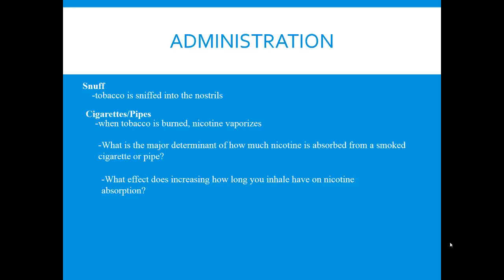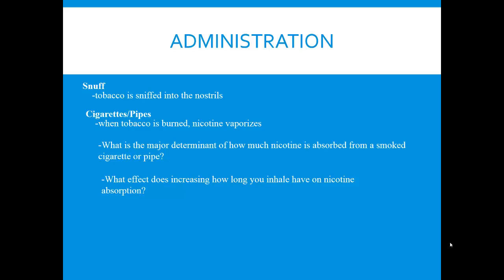In this case, the saliva of the mouth moistens that snuff, the nicotine is absorbed through the mucous membranes of the mouth, and then of course the saliva and the powder after they're done is spit out into a receptacle. In the case where snuff is sniffed into the nostrils, then of course the absorption occurs through the mucous membranes of the nasal passages.